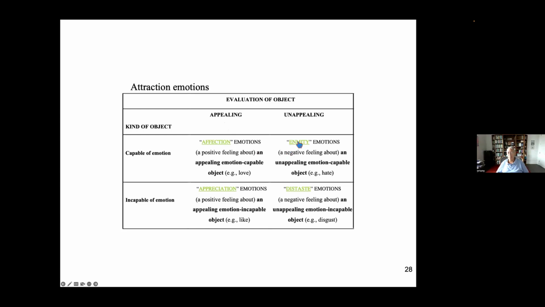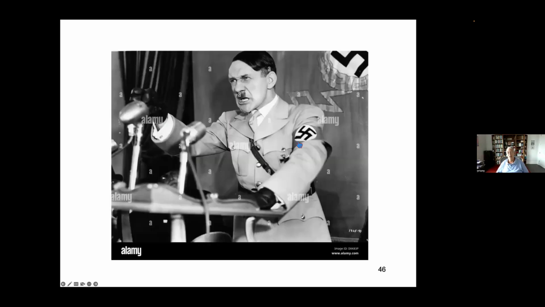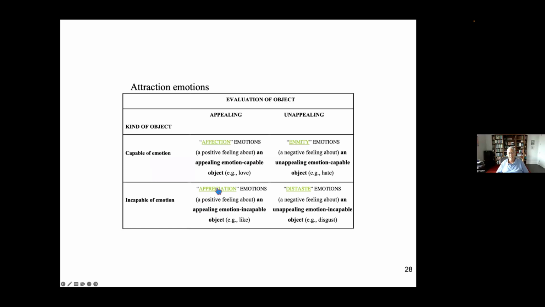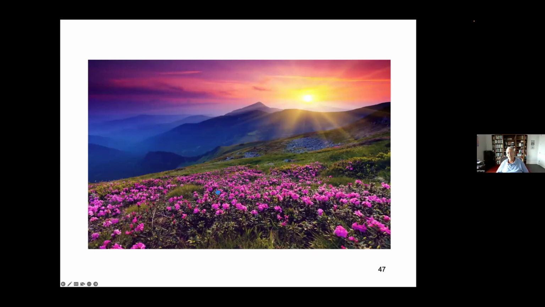Here, an unappealing object that's taken to be capable of emotions would be something like this. This is maybe something that most people hate. An appreciation emotion is for something incapable of emotion. Now, this is the aesthetic appreciation of beauty, which is a different form of liking, we think.